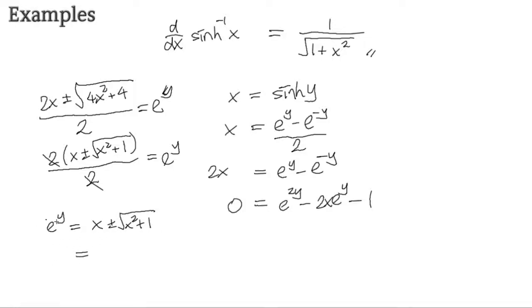However, I'm going to show you how this plus or minus can be ignored, because after you take the natural log, you have the natural log of x plus or minus the square root of x squared plus 1.